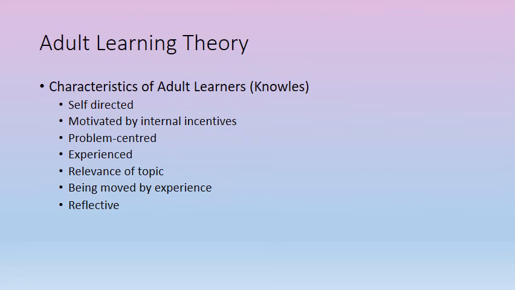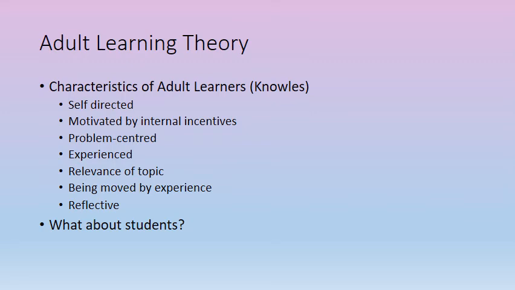They have experience that they bring to their learning from before. They want to know the relevance of a topic, and they want to be moved by an experience to really embed that in their brain, and they are reflective practitioners.